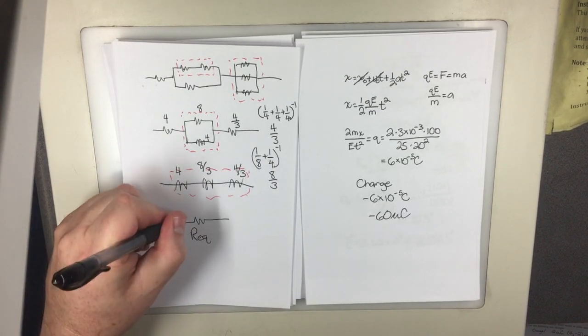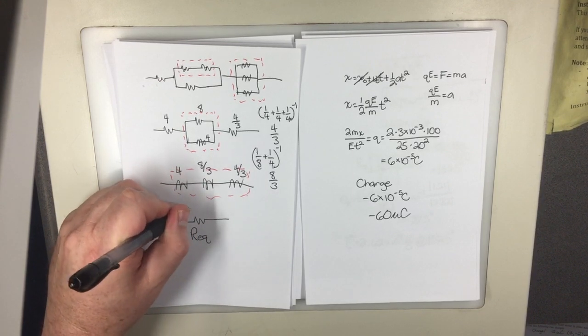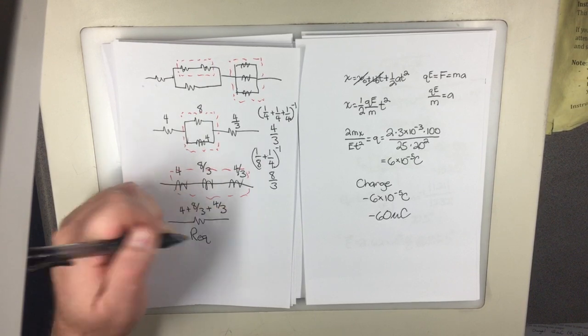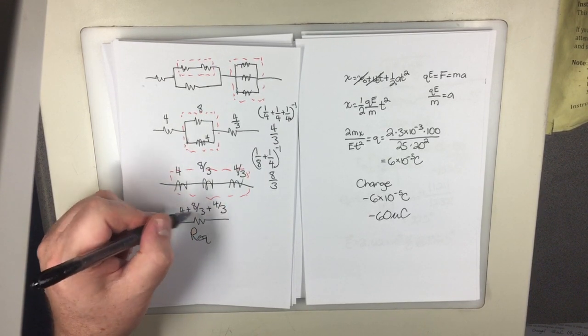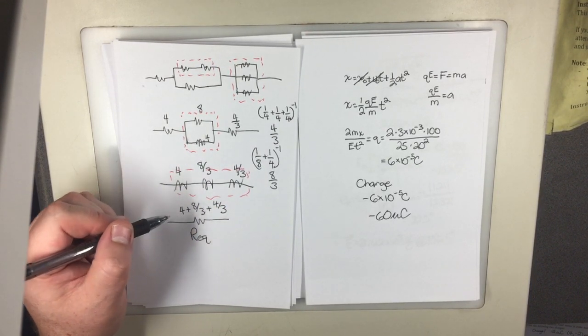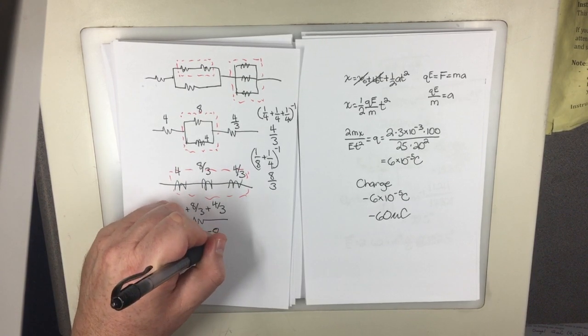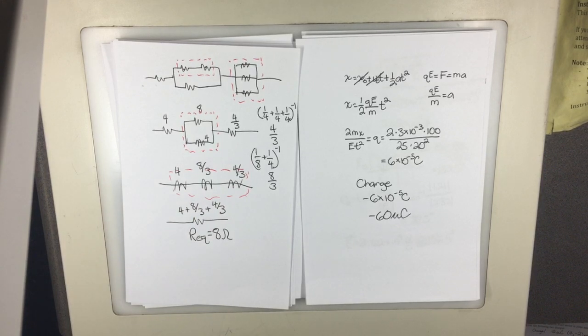Now you just add them up. 4 plus 8/3 plus 4/3. 8/3 plus 4/3 is 12/3. 12/3 is 4. 4 plus 4 is 8. So the equivalent resistance of the whole thing is 8 ohms.